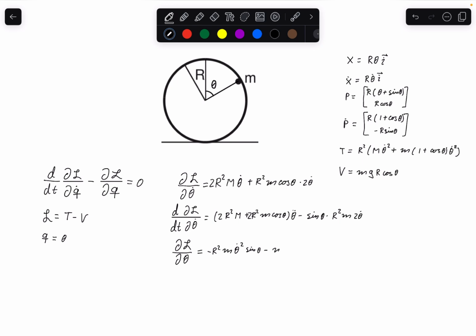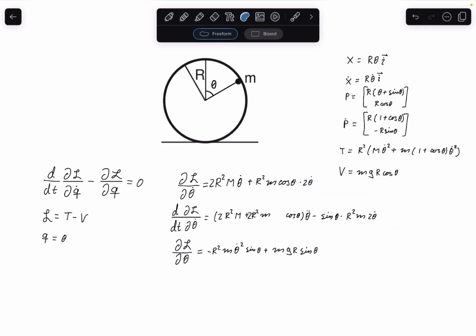So we have m g r, and then the derivative of cos theta, which is sine theta with a minus in front, which gives plus. I'm sorry, but I also forgot that this is not constant. It is multiplied with a non-constant variable, so we have to add that as well.